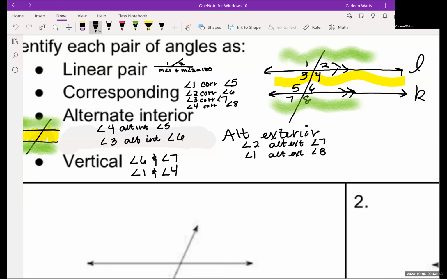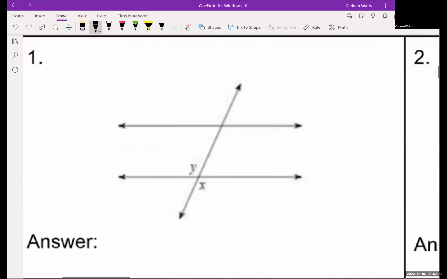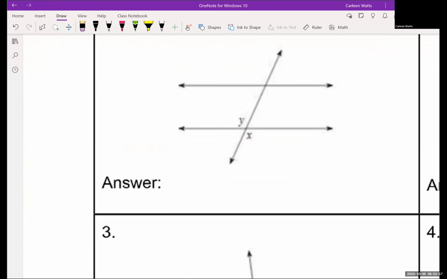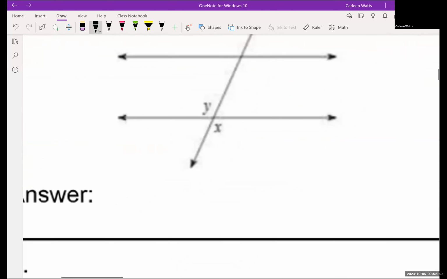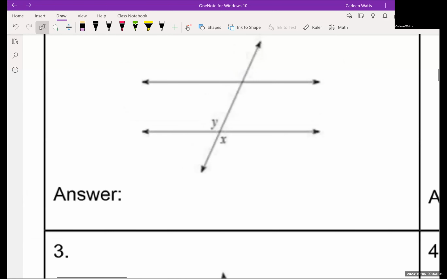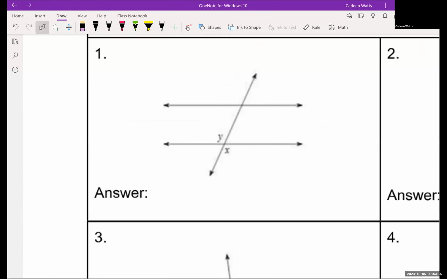All right, let's practice. Okay, looking at your definitions up above, please type in X and Y and use a vocabulary word.